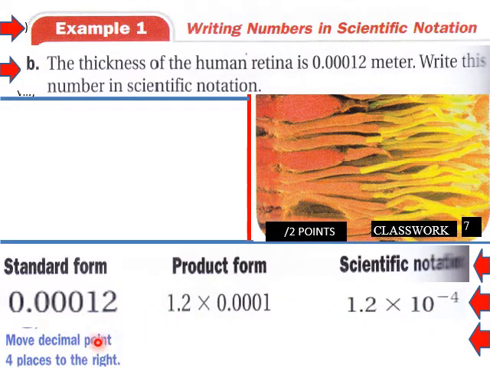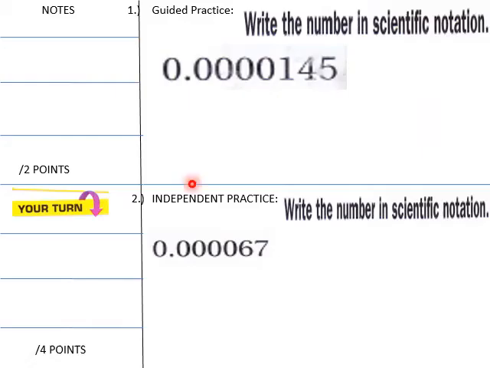We moved the decimal 4 places to the right to get this 1.2. So the exponent would be negative 4 because of our movement of the decimal.